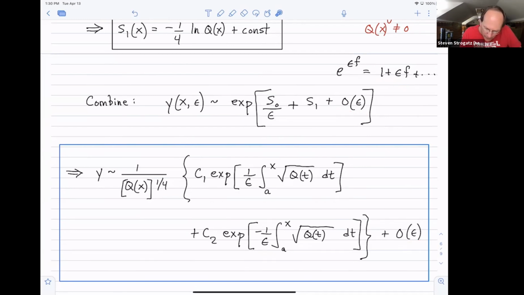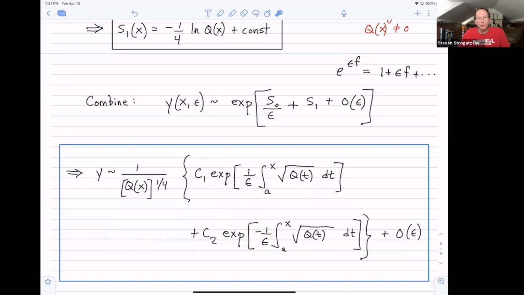But the other terms, e to the S0 over epsilon, that gives me stuff like these two right here. It's my linear combination of the two solutions. One that says exponential of the 1 over epsilon, here's my S0, that funny integral. And then here's with the negative sign, that's the other solution, that's my plus and minus, that has its own coefficient, C2.